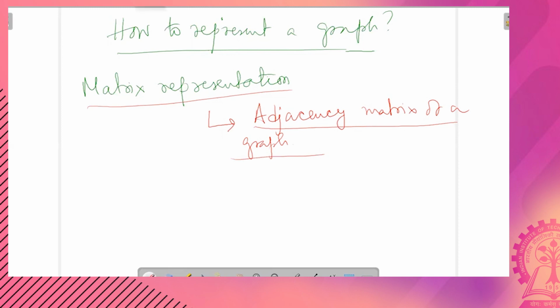Since we have two different types of edges, depending on whether they are undirected graphs or directed graphs, the adjacency matrix definition also will have slight changes. So, adjacency matrix for an undirected graph.